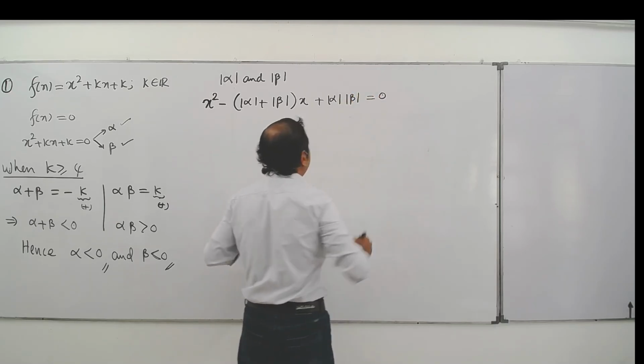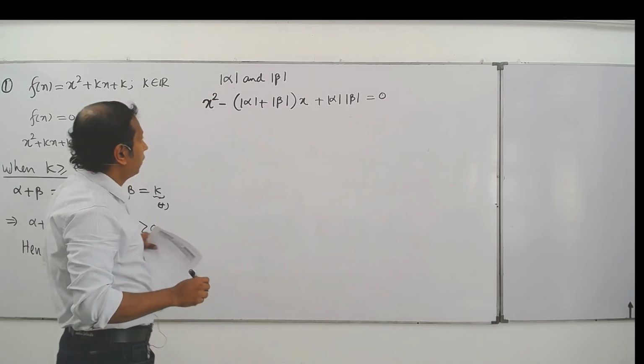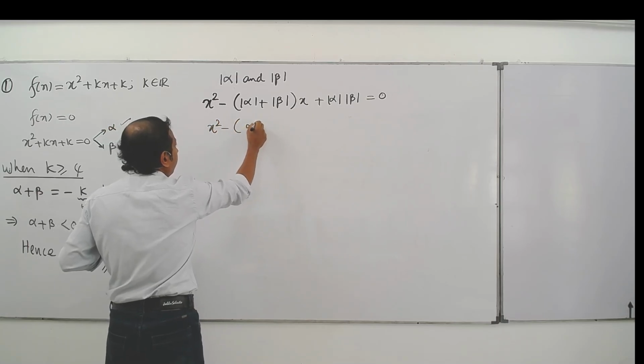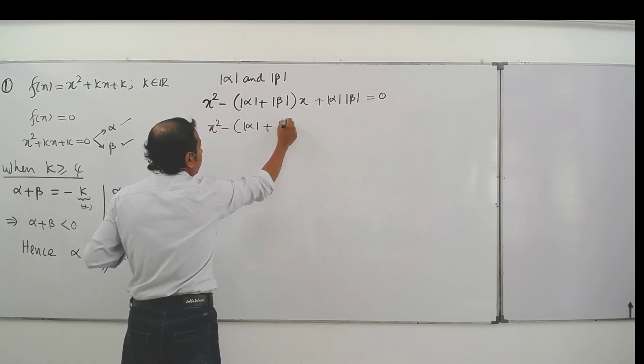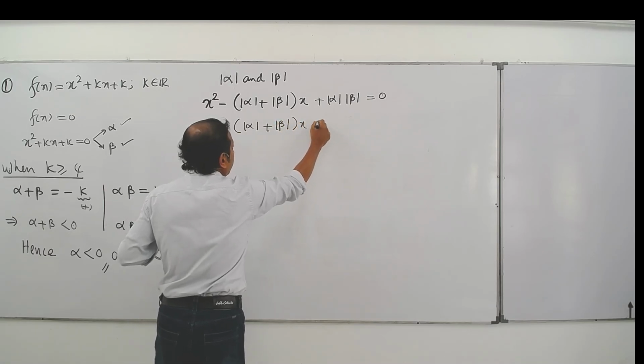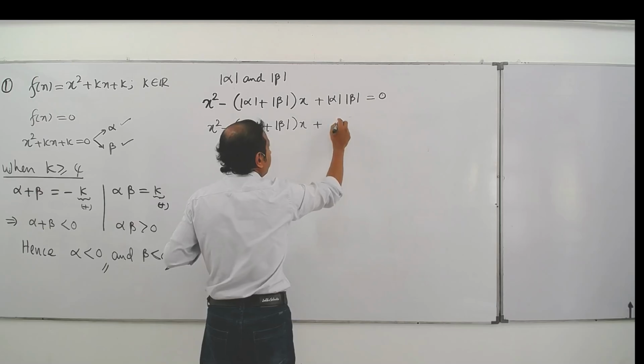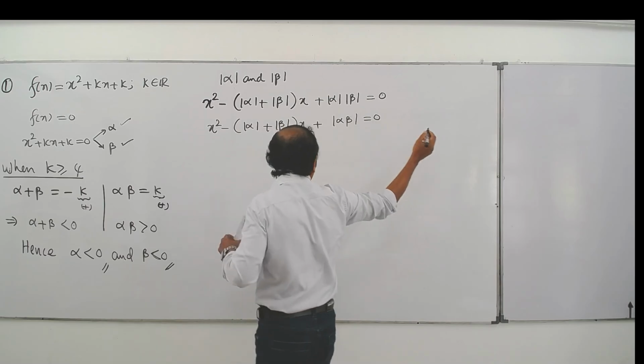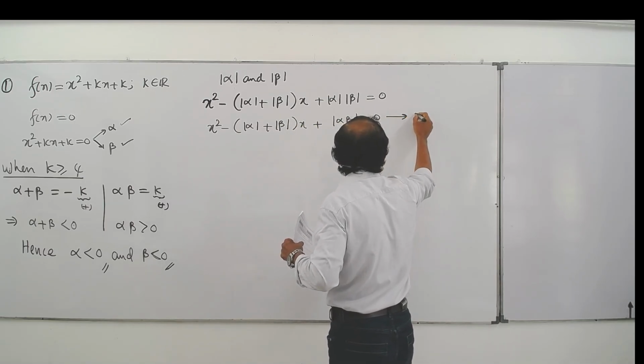Then I can write: x squared minus mod alpha plus mod beta times x, plus mod alpha into mod beta, which we can write as mod alpha beta, equals 0. Suppose this is star.